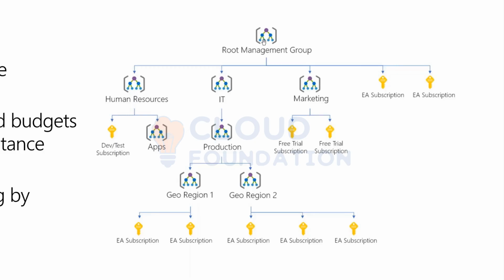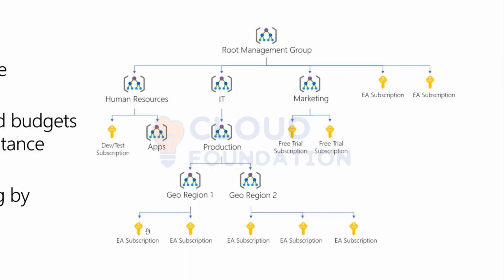Management groups are logical in nature, not physical. If I say Eastern region, in that Eastern region I can't use a subscription which is for the Western region or resources which are for another region. These are not physical, these are logical.